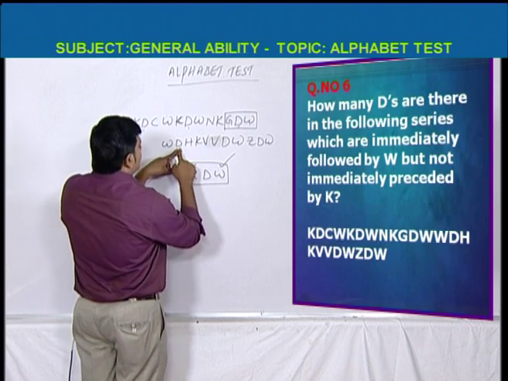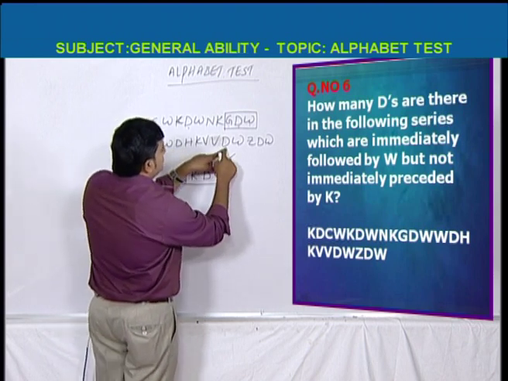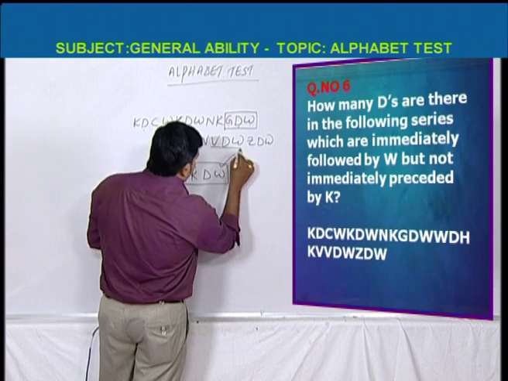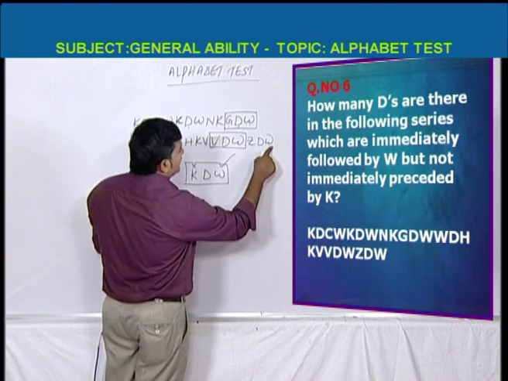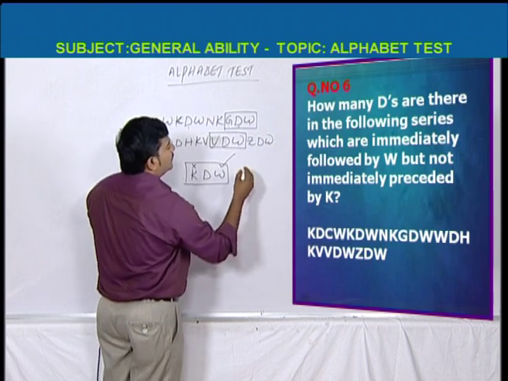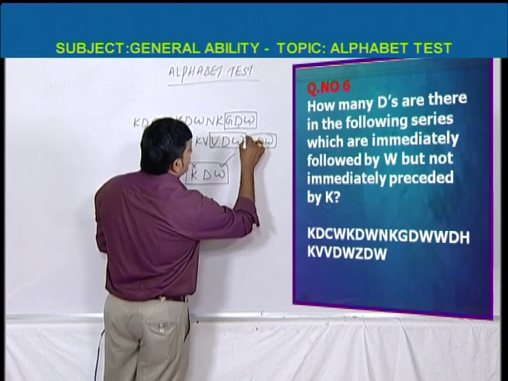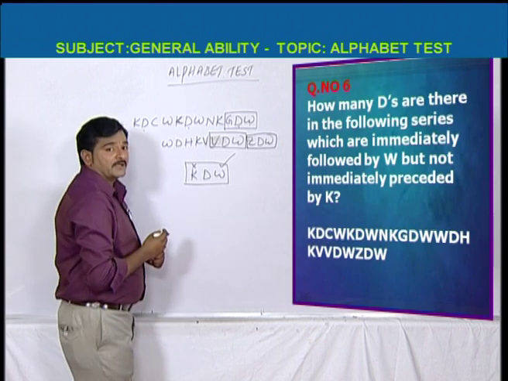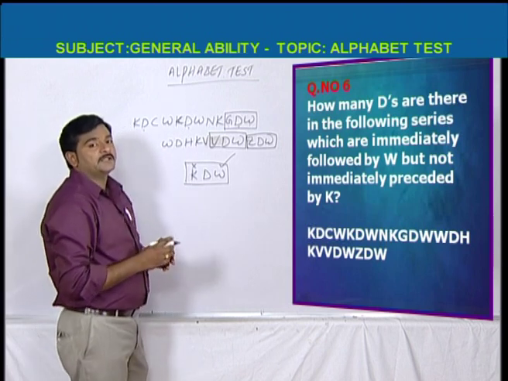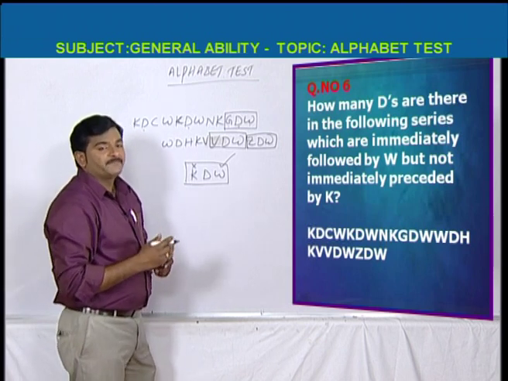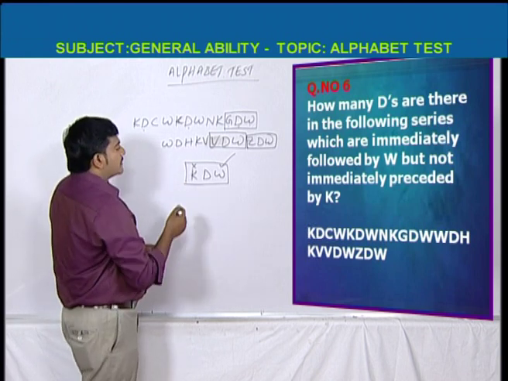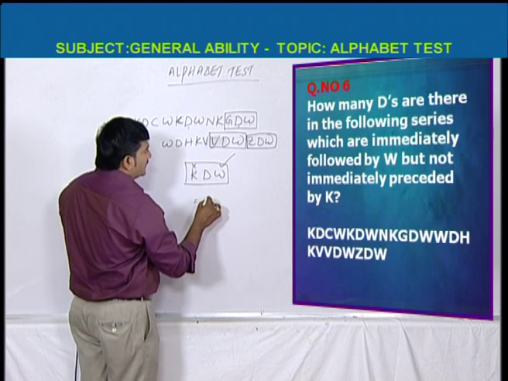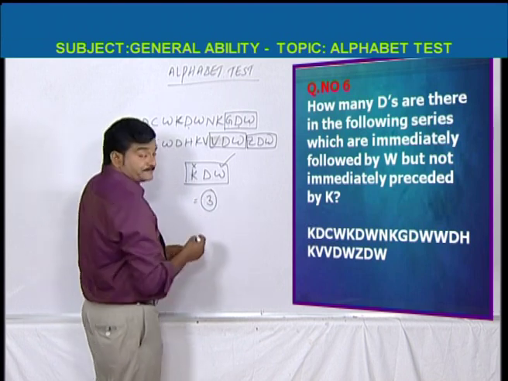Again this D is not followed by W. This D is followed by W but not preceded by K. And after D, W is there. So this D is followed by W but again it is also not preceded by K. So how many D's are there in the following series which are followed by W but not preceded by K? Like that, simply we are getting 3 such D's.